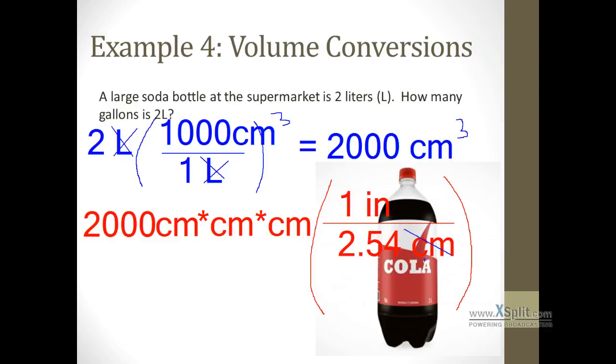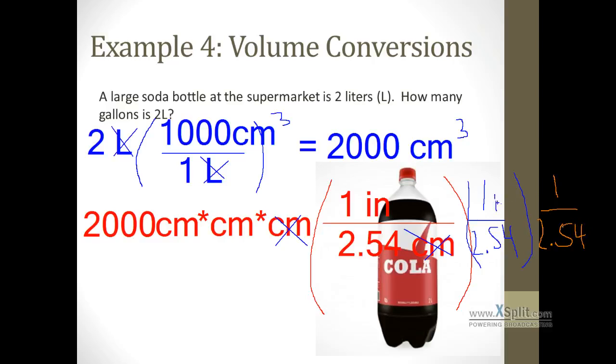That's going to cancel out 1 set of centimeters, leaving us with inches. I'm going to have to do that 3 times. So I'm going to have to do another 1 divided by 2.54, and then one final 1 divided by 2.54. All right.